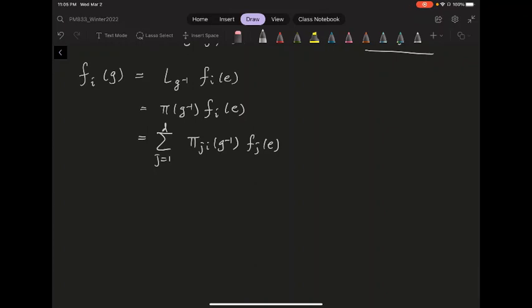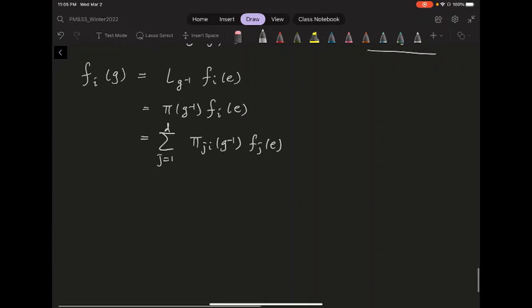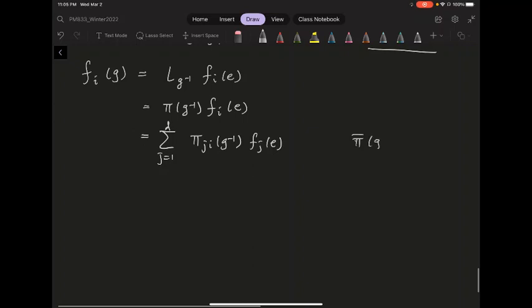And the nice thing is that if you think about what happens to these pi ji of G inverse, if you recall, the conjugate of a representation is essentially just pi of G inverse with the transpose taken. So pi ji of G inverse is equal to pi bar evaluated at ij of G, okay?